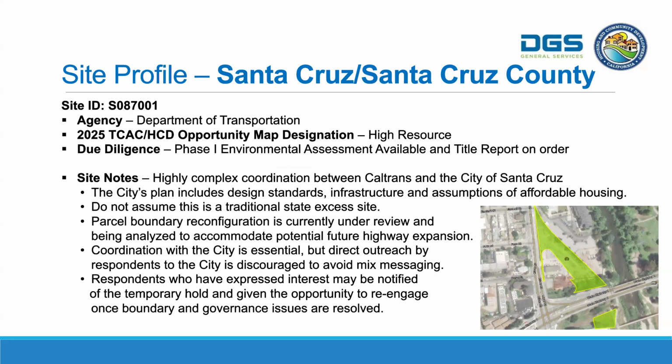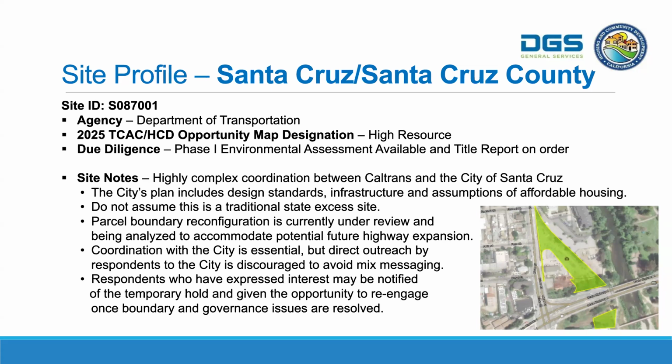All right, so the next site is in Santa Cruz. A really great site, a gateway to the city here. A number of points here, which I'll read. It's a high resource site. We're ordering some due diligence documents. It's highly complex coordination on this site between Caltrans and the city of Santa Cruz.